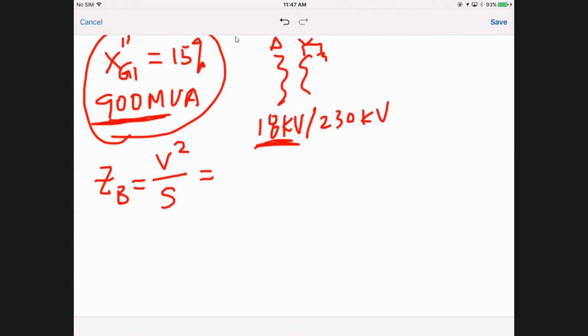Now which V do you use? S, of course, you know, is the 900 MVA. Which V do you use, 18 or 230 kV?